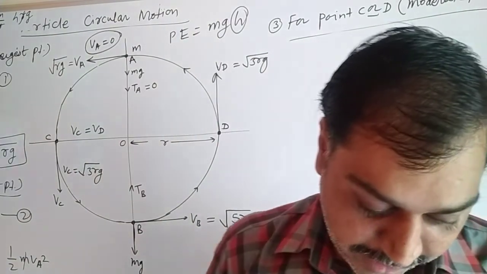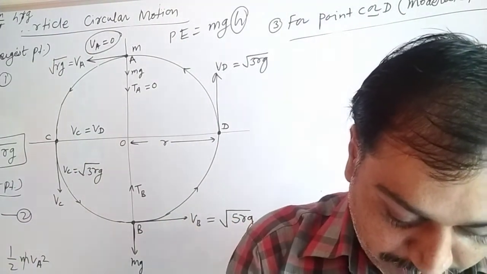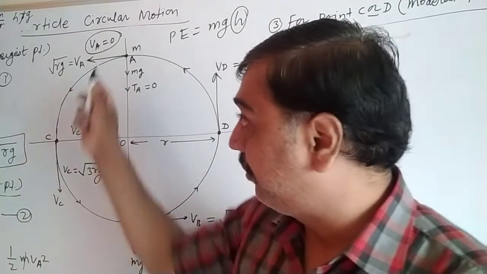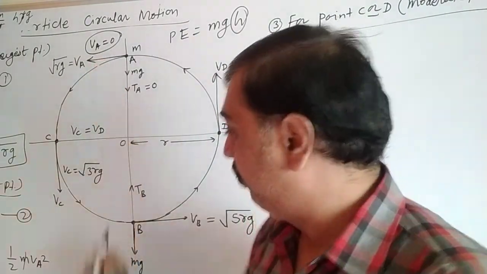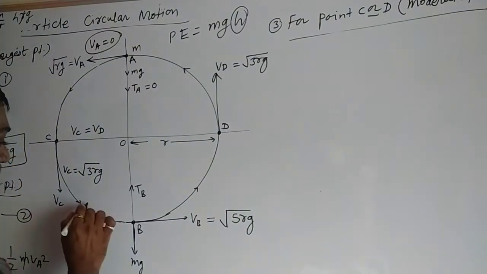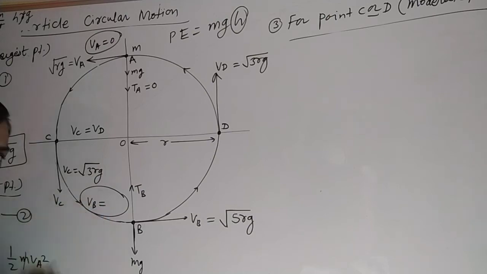Now let's see, according to this, we can determine the velocity at the lowest point. This is the velocity at the highest point for rod. Now the velocity at the lowest point VB for the rod we want to determine.